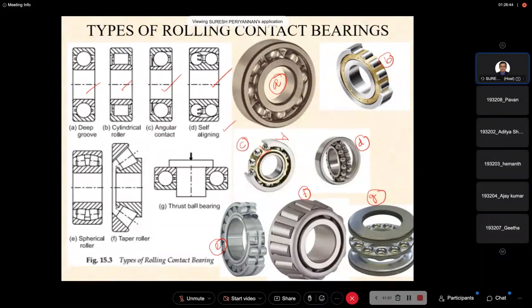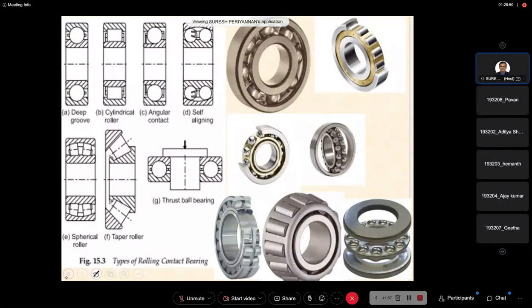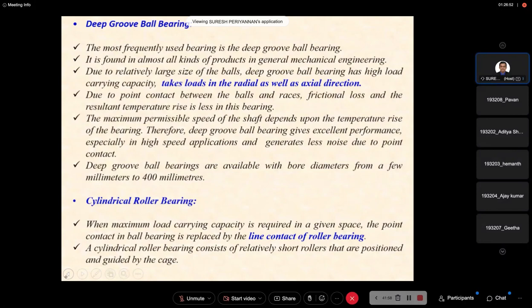Briefly, we are going to discuss them one by one now. First, we consider the deep groove ball bearing.